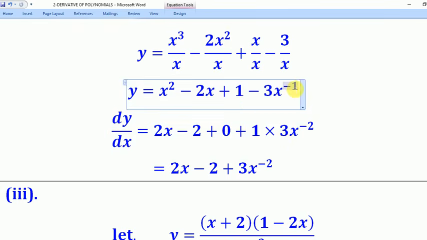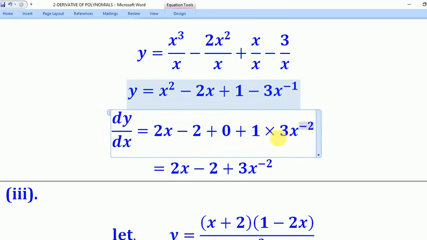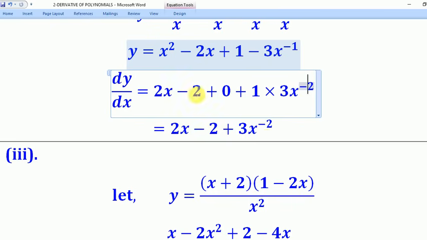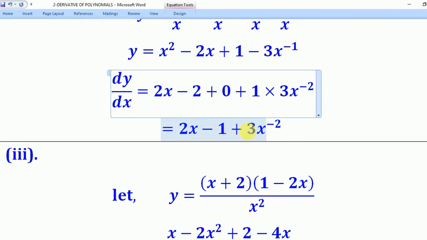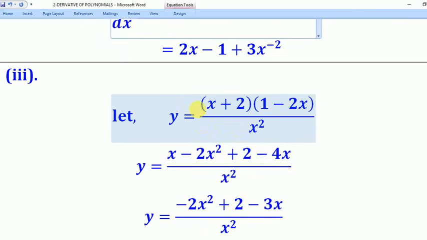Then reduce the power by 1, so it will be negative 1 minus 1 to give you negative 2 as the power. Now we can simplify. Negative 2 and 1 will give you negative 1, then 2x, so the answer will be 2x minus 1 plus 3x power negative 2.